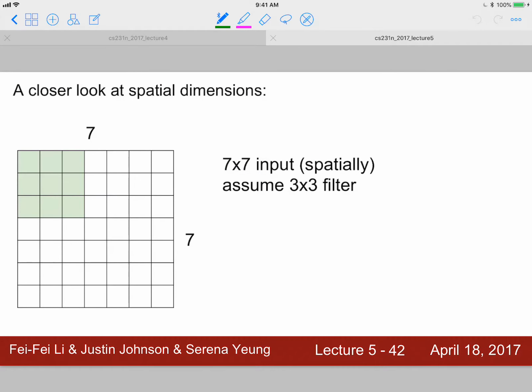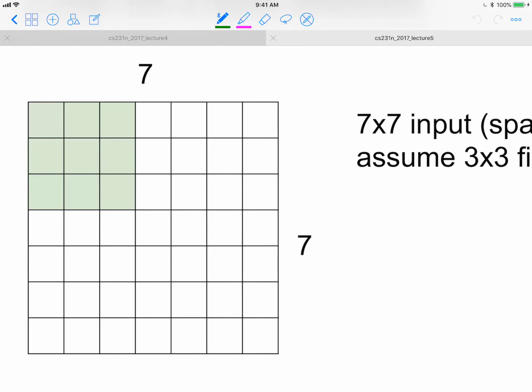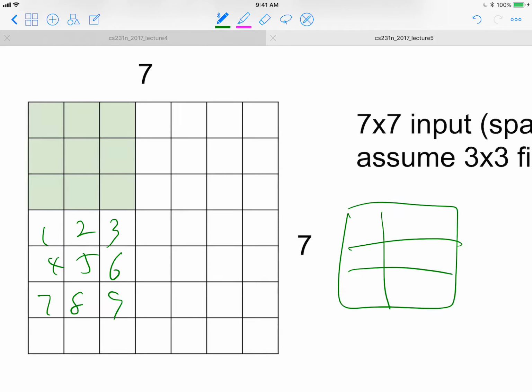Okay, so you know how this inner product works in the case of a convolutional neural net, right? Suppose we have maybe 1, 2, 3, 4, 5, 6, 7, 8, 9, and our filter is maybe 1, 1, 1, and 0, 0, 0, 0, 0, 0.